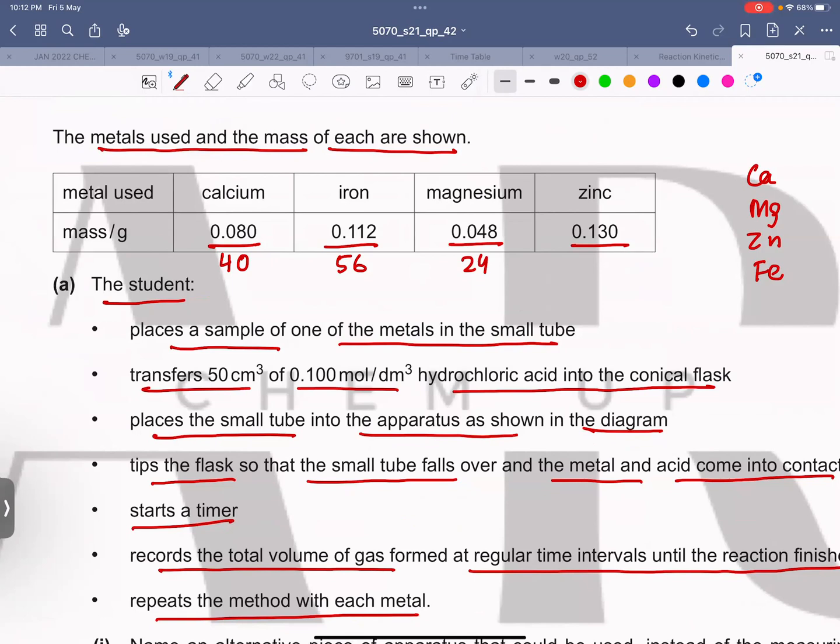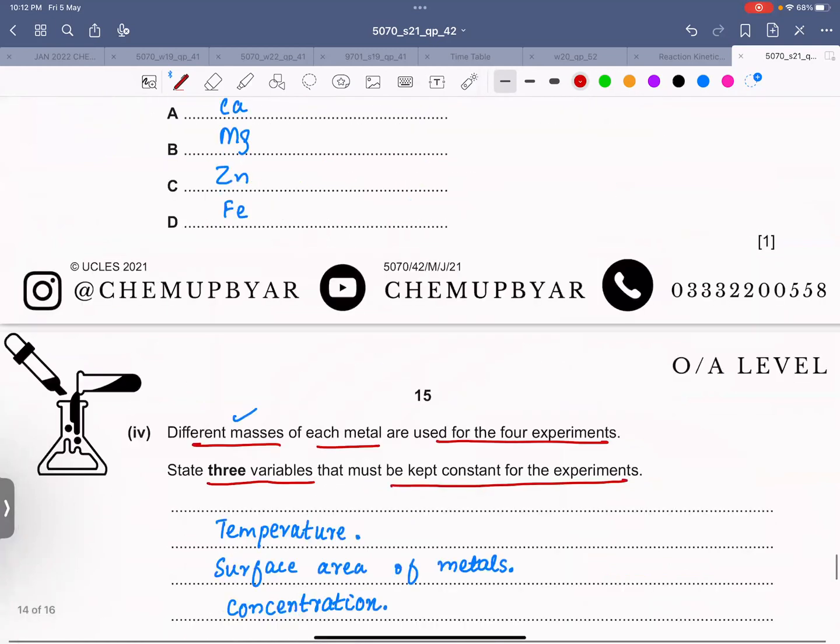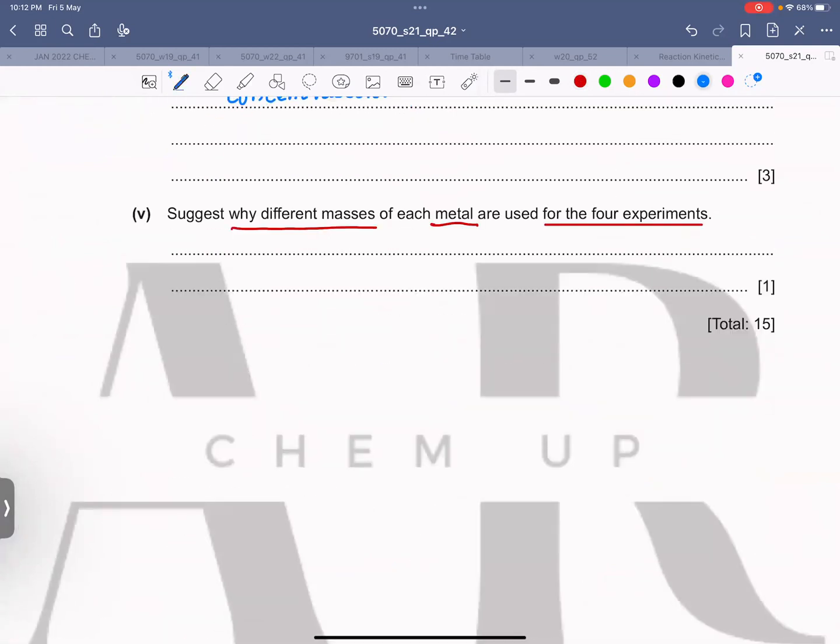Divide by Ar, you will get the number of moles, and I think each one has the same moles. So that's why we have used different masses, so we would get the same number of moles of each element. Is this clear? Yes, sir.